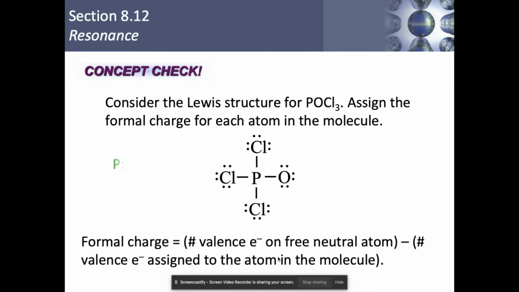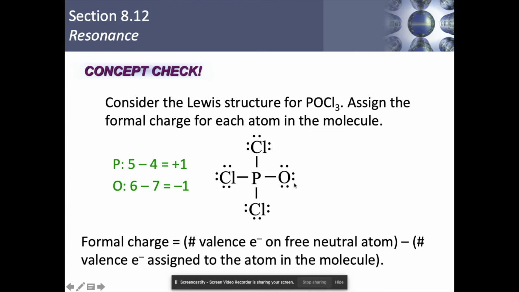Okay, first things first, phosphorus. Phosphorus should have 5 electrons around itself in its free and neutral state. That's just directly from the periodic table, right? Now, how many bonds does it have? 4. So 5 minus 4 is +1. That means the formal charge of this phosphorus is +1. Oxygen has 6 in its free and neutral form, again from the periodic table.